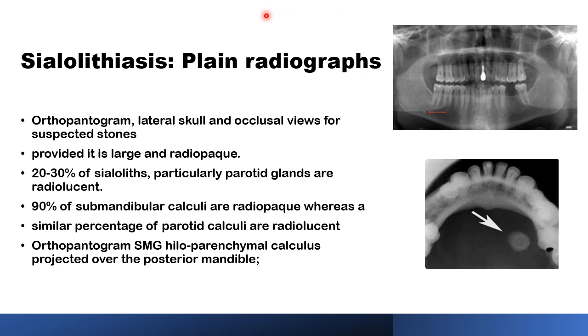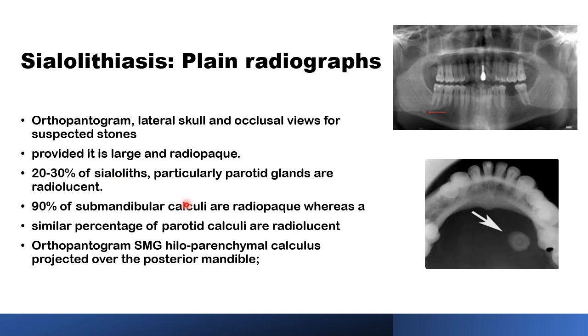Some forms of imaging would be required to differentiate between the different types of obstructive sialadenitis. Plain radiographs are not particularly helpful because at least 20 to 30% of the stones would not show on plain X-rays, particularly in parotid glands, where 90% are radiolucent.